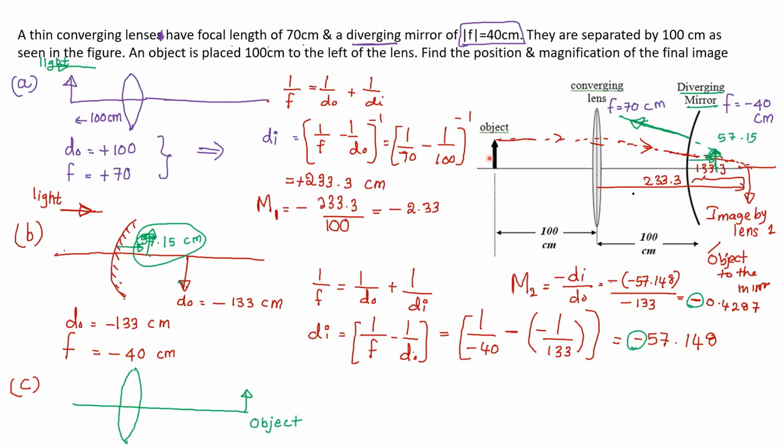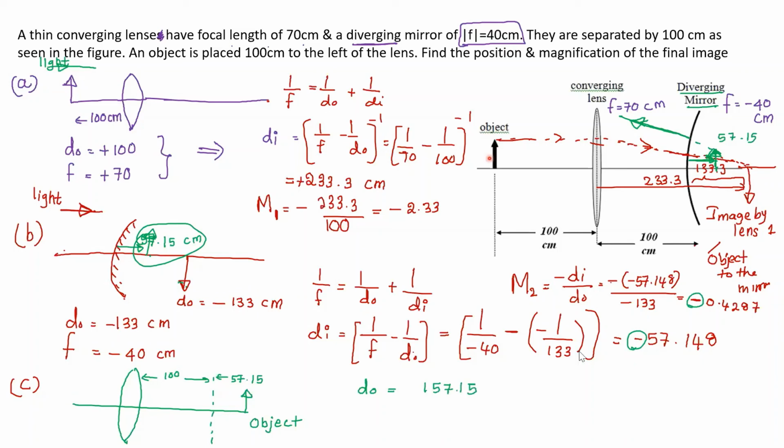So what can you tell about the distance from the lens? So this was your mirror. This was 57.15, and this distance between the lens and the mirror was 100, right? So your D naught is 157.15.